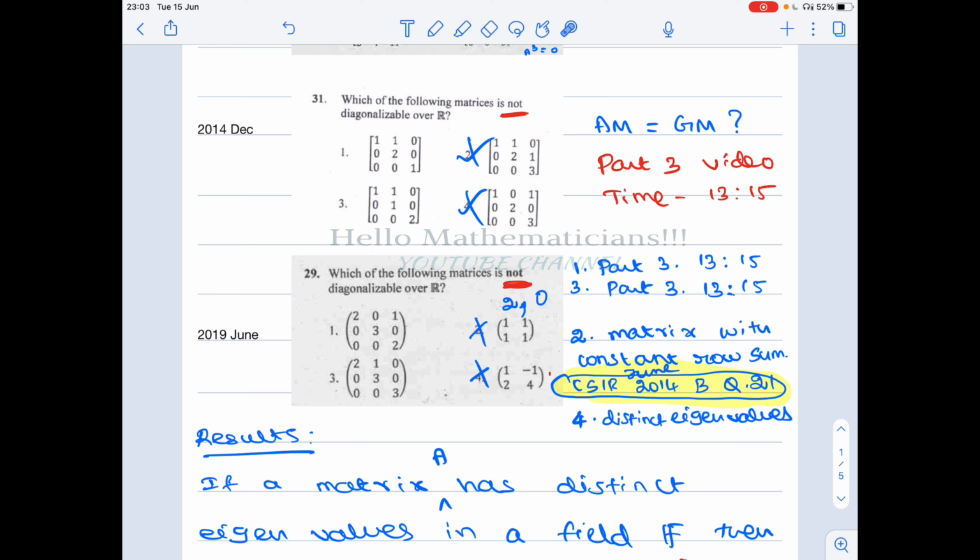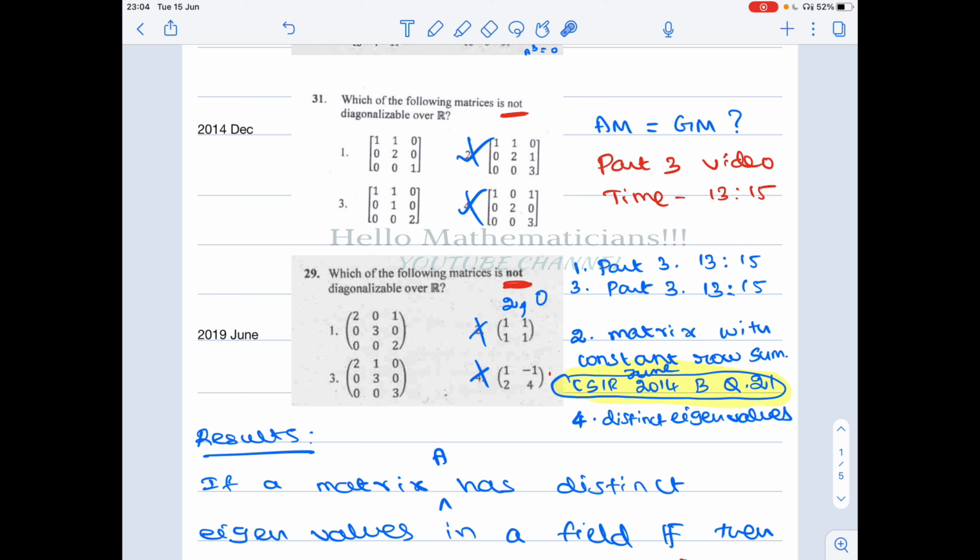Sorry, here the value 2 is repeated. So basically you have to find the arithmetic multiplicity and the geometric multiplicity of the eigenvalues 2 and 3. Whenever I say arithmetic mean or geometric mean, please take it as arithmetic multiplicity and geometric multiplicity.